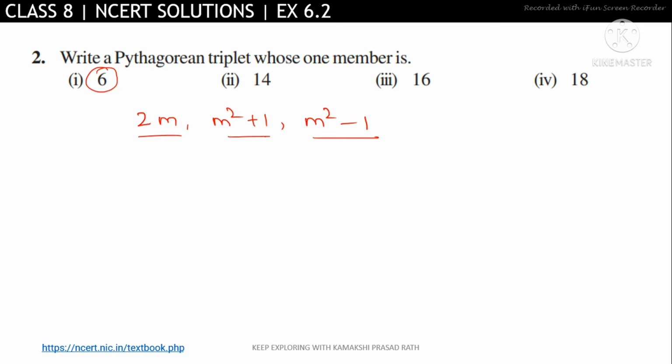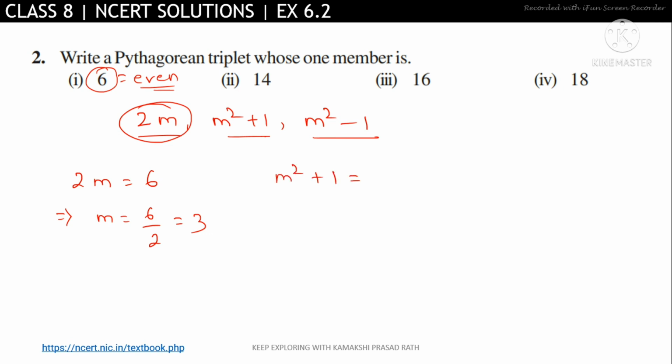Clearly we can see that 6 is an even number and 2m is also an even number because it is multiplied by 2. Hence we can write 2m equals 6, which implies m equals 6 by 2, that is 3. Now once we get m, the other two numbers we can get: m squared plus 1 and m squared minus 1.